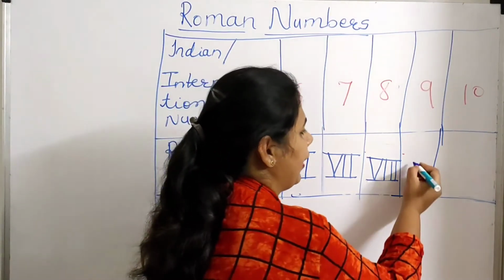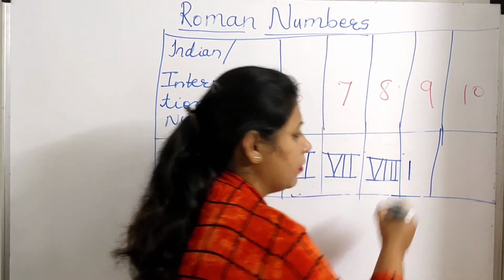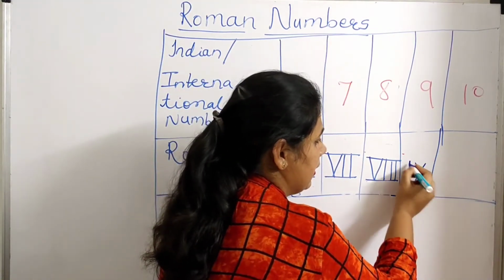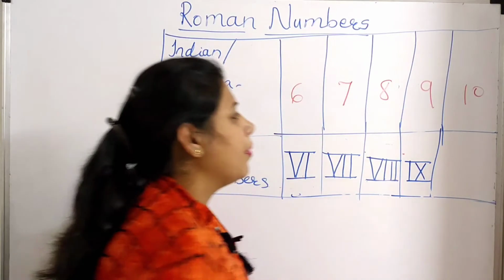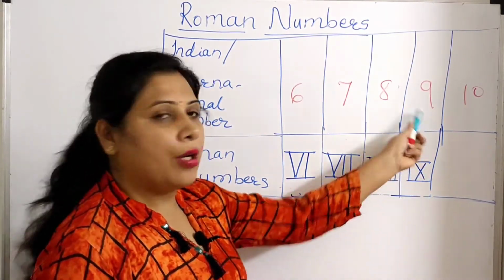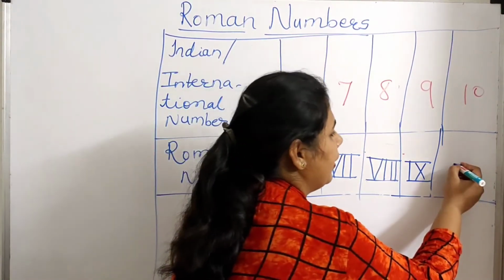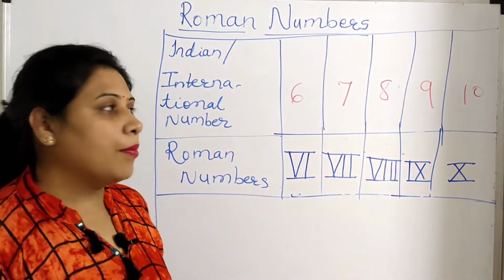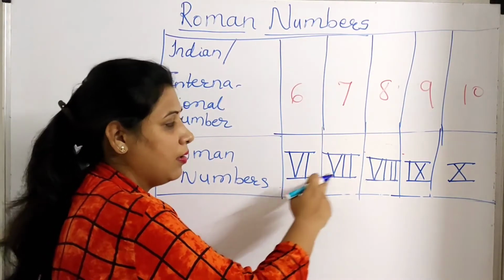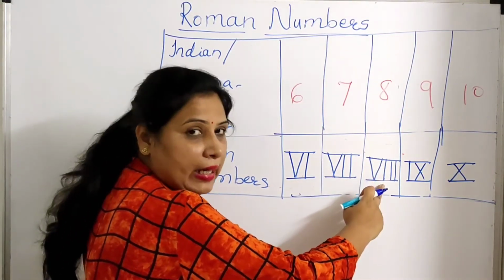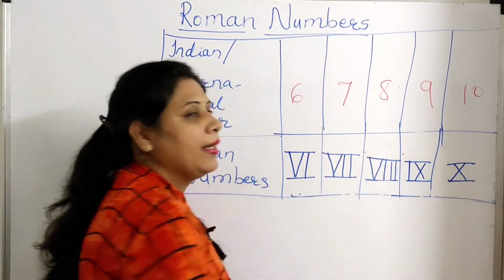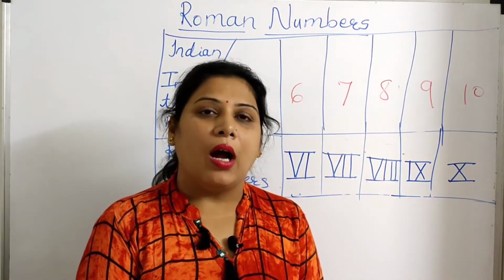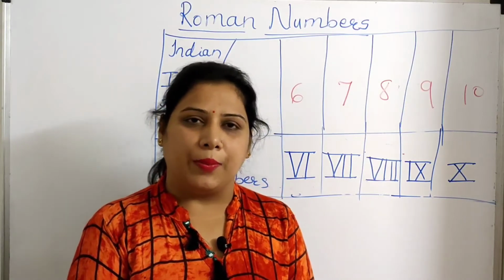For that we have to write first 1, that is I, and X. This is the Roman number for 9. And for 10, it will be capital X. So these are the Roman numbers 6, 7, 8, 9 and 10.